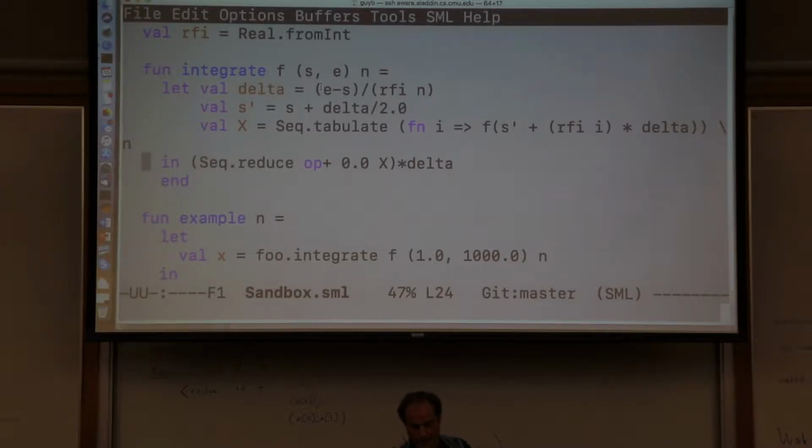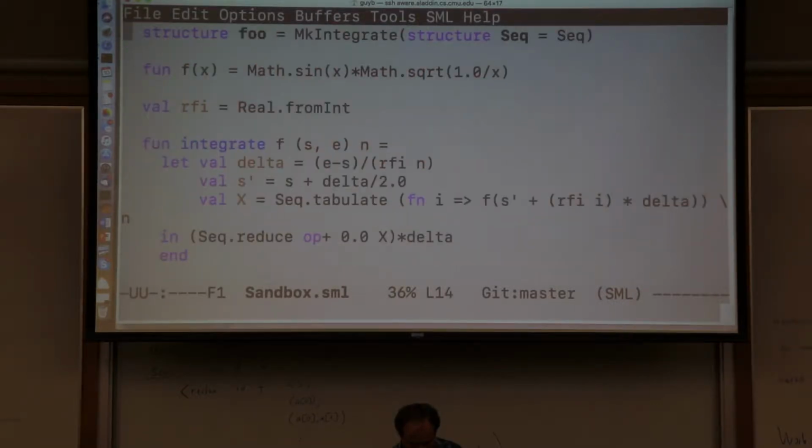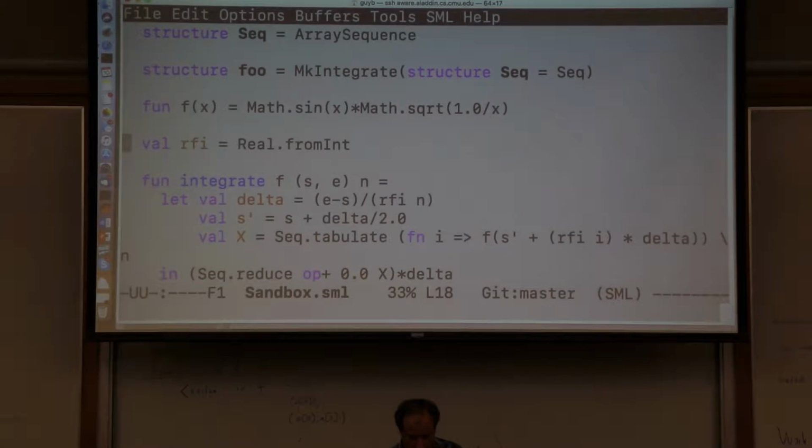And then here I'm just applying it to an example. Where do I actually have the function? Integrate. Oh, here, right. The function I'm going to apply it to is this f of x, which is the sine of x times the square root of 1 over x.